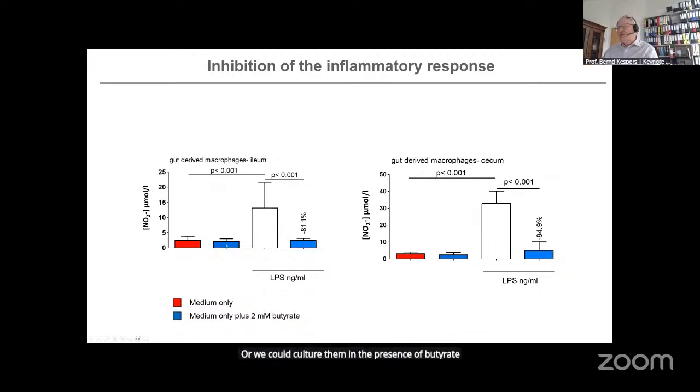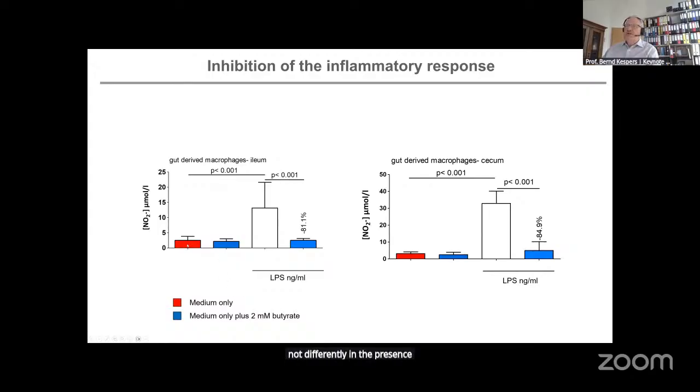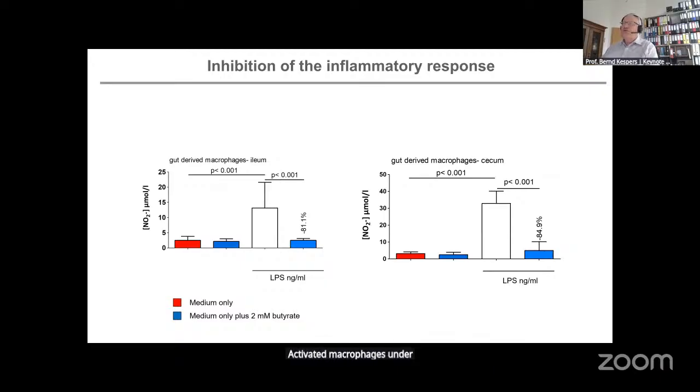And what you can see is that these cells behave not differently. In the presence of butyrate or in the absence of butyrate, they produce very, very little nitric oxide. Nitric oxide is a very important effector molecule produced by activated macrophages under inflammatory conditions.